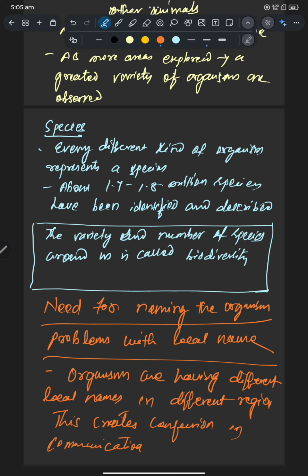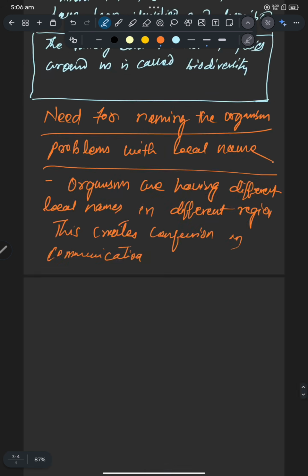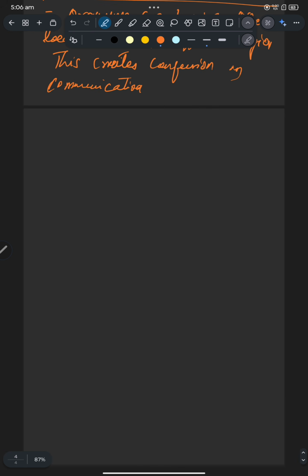Okay, so that's why it is required to give a scientific name to the organism, and that is called nomenclature. Okay, so now let us discuss what is nomenclature. What is nomenclature?